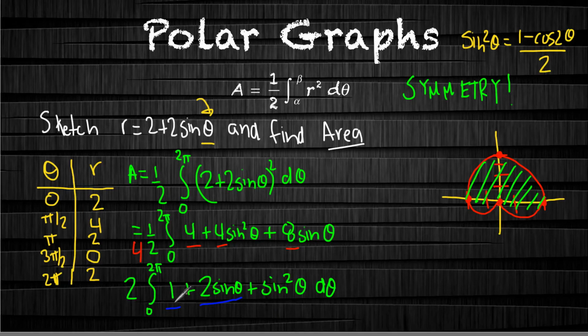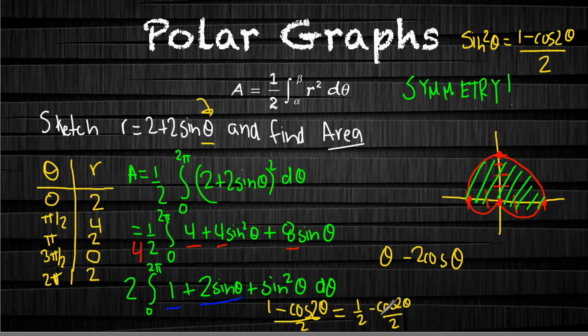And so we're going to integrate 1, and we're going to get theta. We're going to integrate 2 sine of theta, and that's going to give us negative 2 cosine of theta. And then we're going to replace sine squared with 1 minus cosine of 2 theta over 2. And we can split this up into 2 integrals, 1/2 minus cosine of 2 theta over 2. We're going to integrate 1/2, and that's going to give us 1/2 theta.